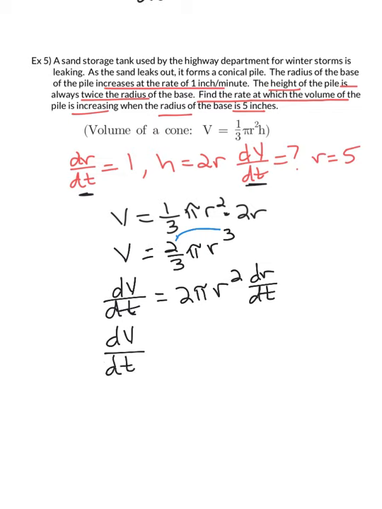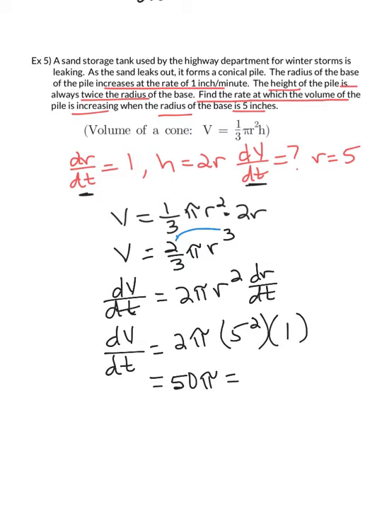So we're going to substitute what we know now. 2 and pi stay in as your coefficients because they're just numbers. r is 5, and we're going to square it. And we are told that dr/dt is 1. 5 squared is 25 times 2 gives me 50 pi.